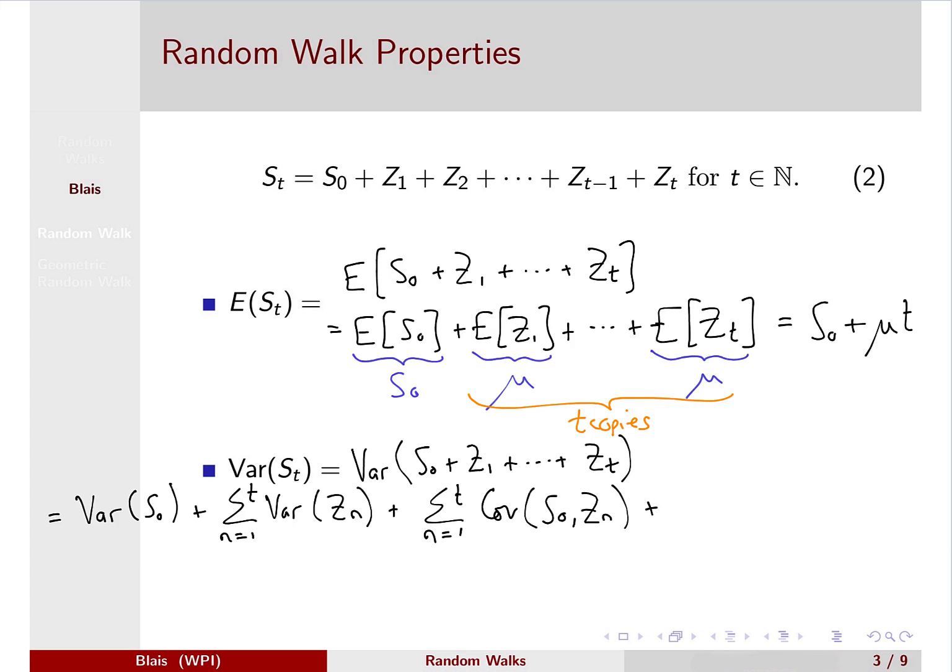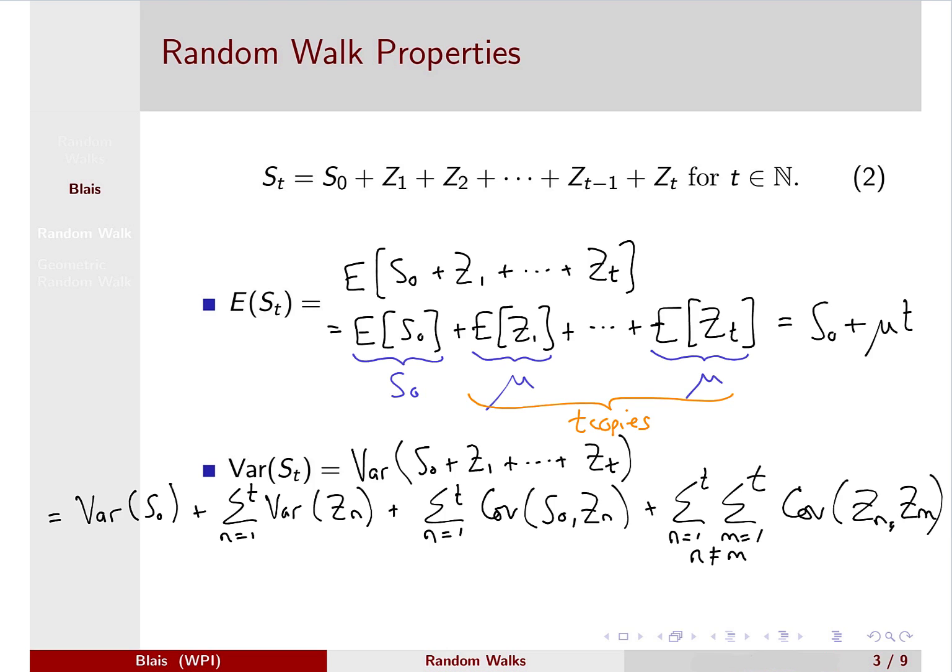And then we have every possible pairing of the Z's, taking into account that we have already counted the case where Zn is paired with itself, which we've done on purpose. And so we have a double sum. n goes from 1 to T, m goes from 1 to T, restricted to the cases where n and m are not equal, of the covariance of Zn and Zm.